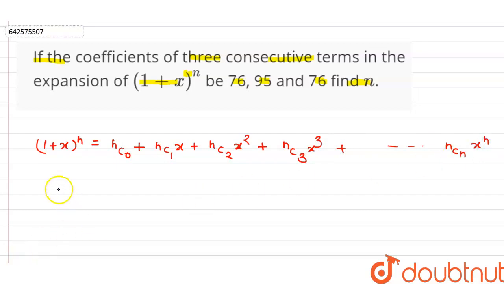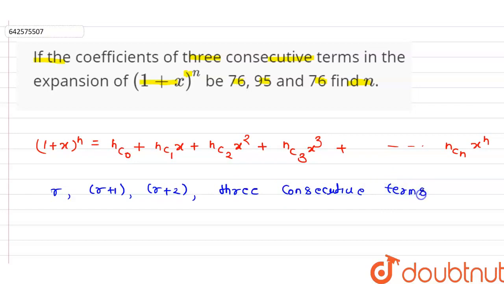Here, assume that r - 1, r and r + 1 are three consecutive terms in the given expansion.